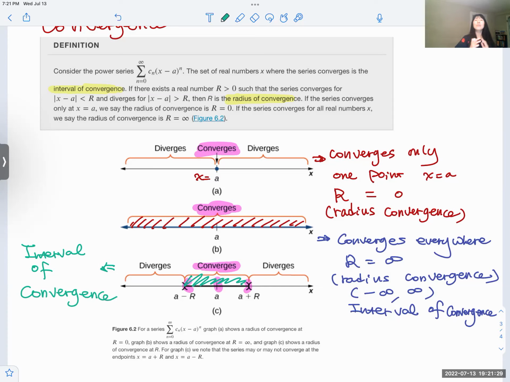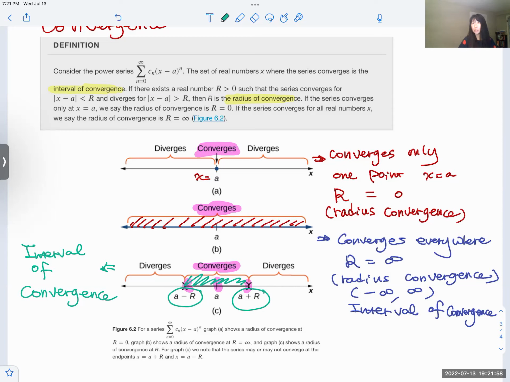The radius depends on the numbers and changes, but in general we get the formula a minus R and a plus R like this.